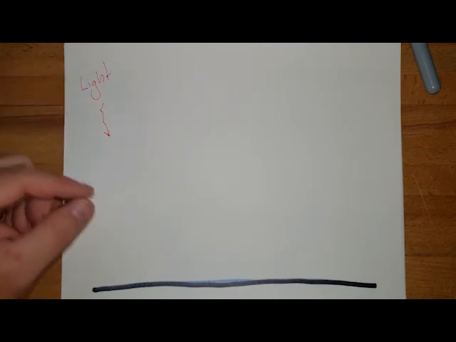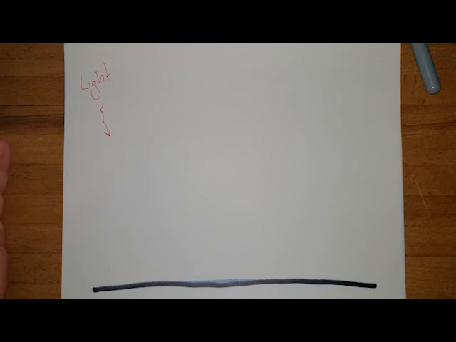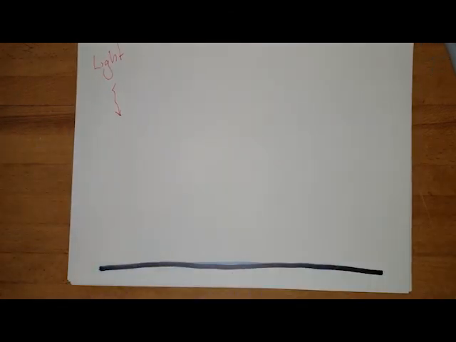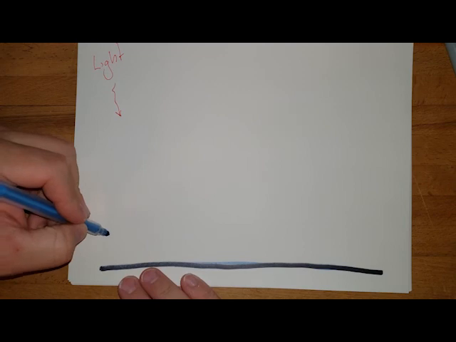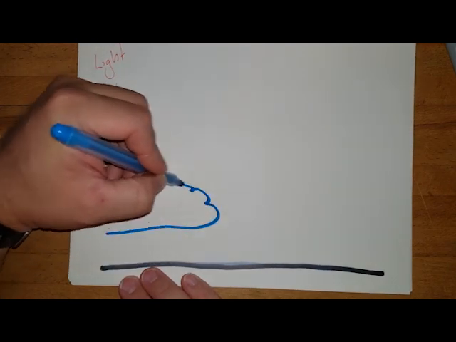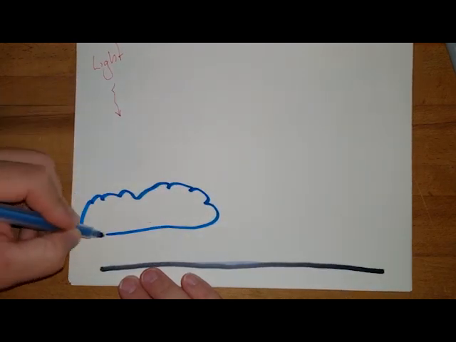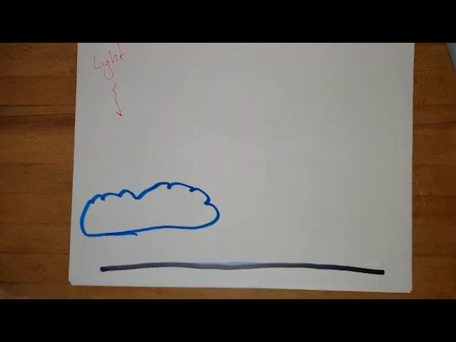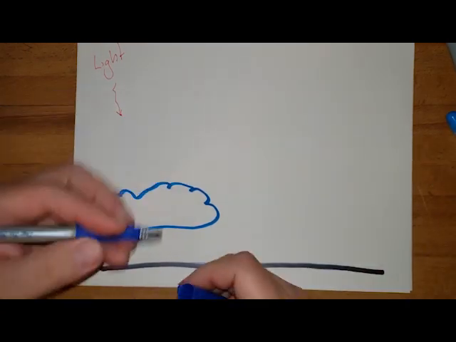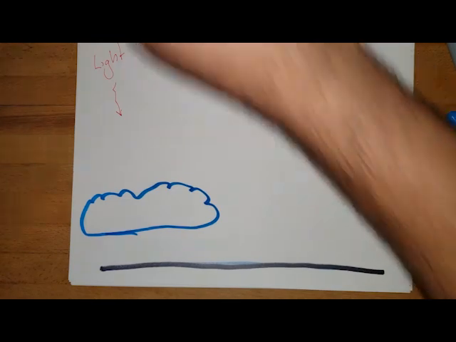Good. So what can happen with this light energy? Well, it depends on what type of cloud you're looking at, right? Some clouds are going to be lower and thicker clouds. All right, so I'm going to draw a low. Okay, so if it is a low cloud, not blue again.